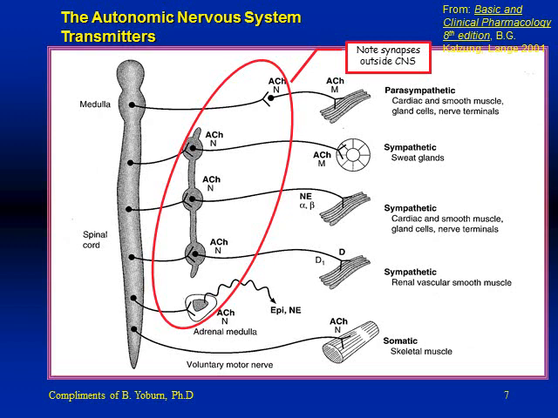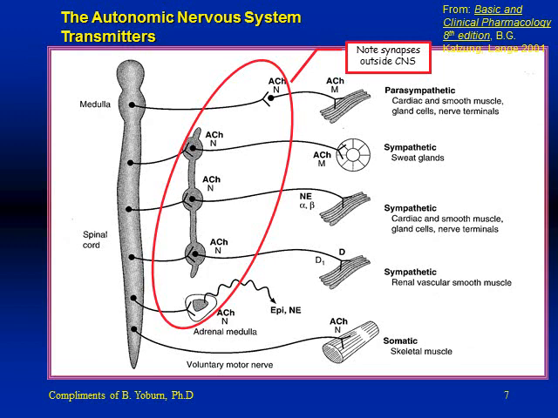So sympathetic ganglia, anatomically speaking, if you were to do a gross dissection of the CNS, the spinal cord, what you would see is these ganglia located on the side of the spinal cord. And these ganglia on the side of the spinal cord are known as sympathetic, based on their anatomy.